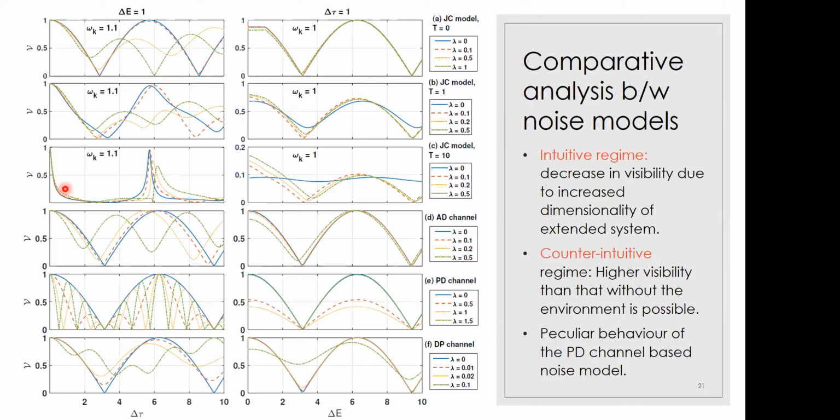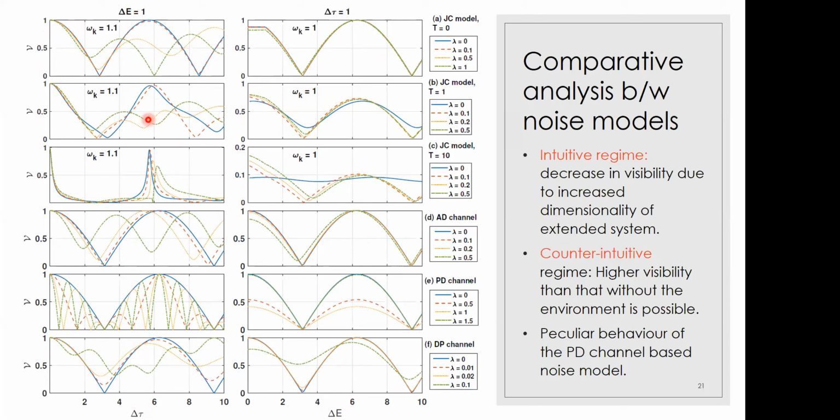Here we have plotted visibility as a function of proper time difference delta tau while keeping delta E constant. On the right panel, we have plotted visibility as a function of the difference in energy levels of the clock while keeping delta tau fixed.